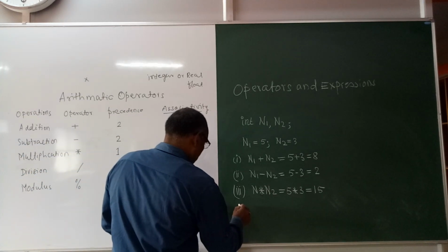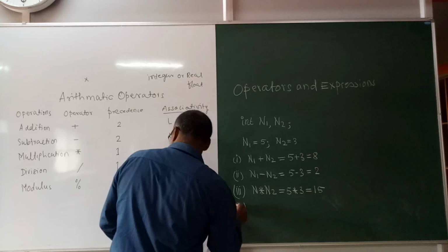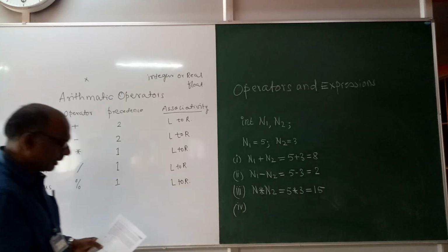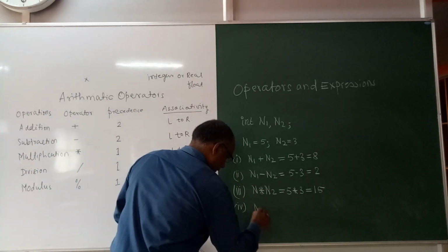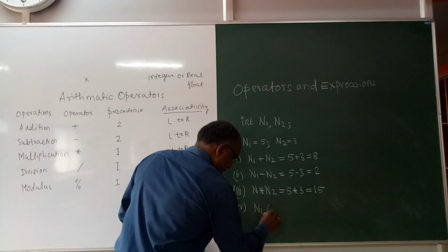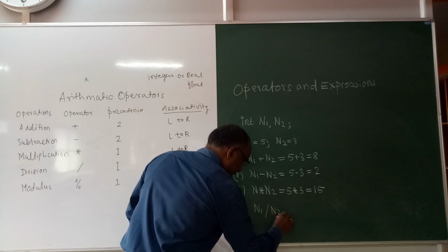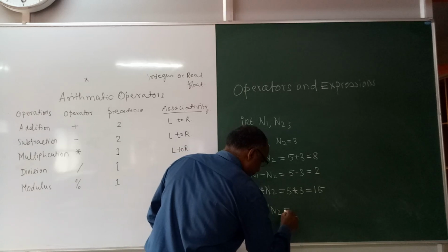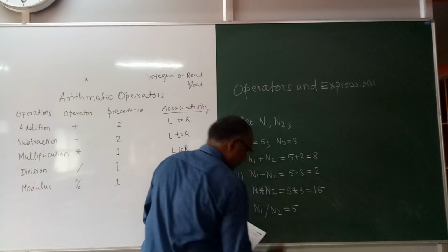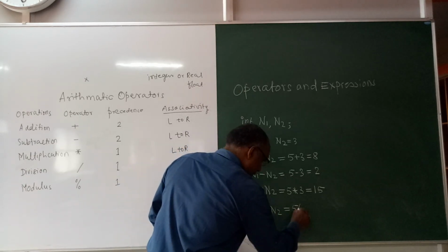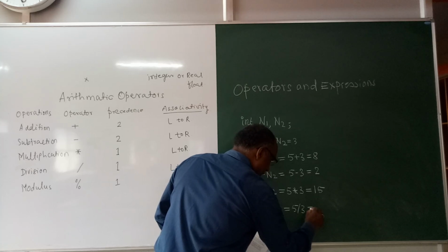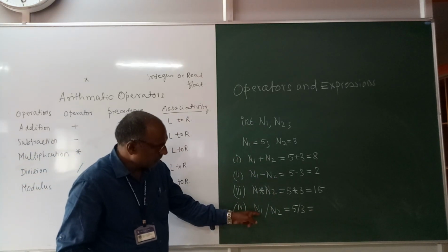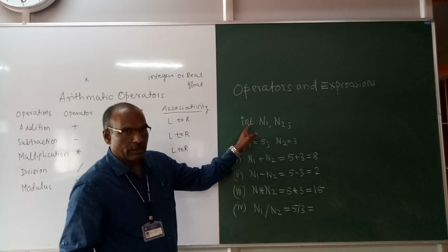Now I'll use division, n1 by n2. n1 is say 5 divided by 3. This is integer, it will not give the real because it is integer here.